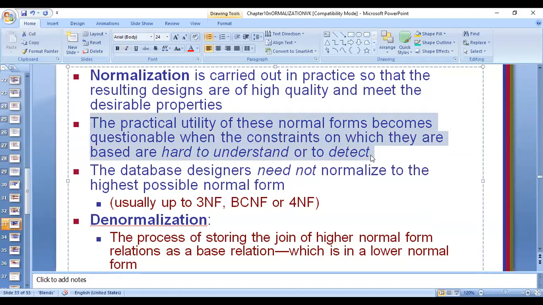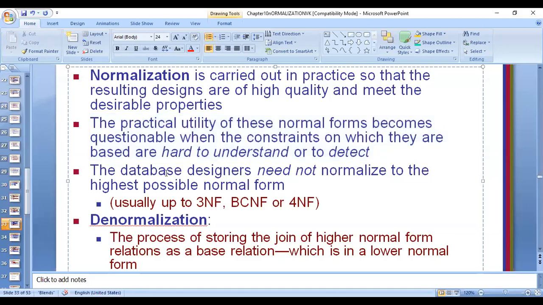Initially you may not understand its importance, but you will realize it when, if you keep the relations non-ideal, bad, unsatisfactory, they will result in wrong output when queries are executed on such bad relations.